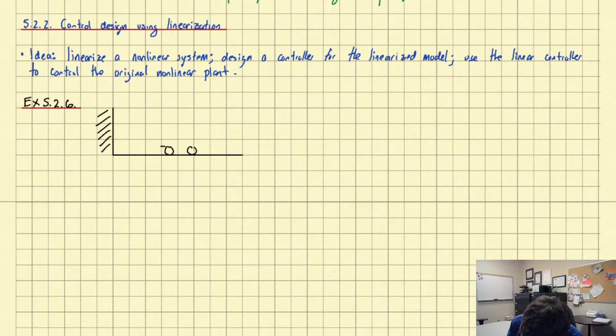There we go. Okay, so there's our cart. It's going to have mass m. There's going to be a spring connected there, and there will be friction on the floor, but we're going to model that as a damper.